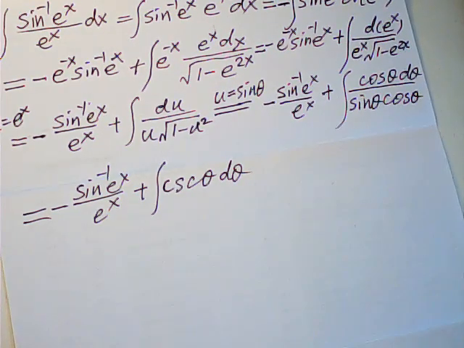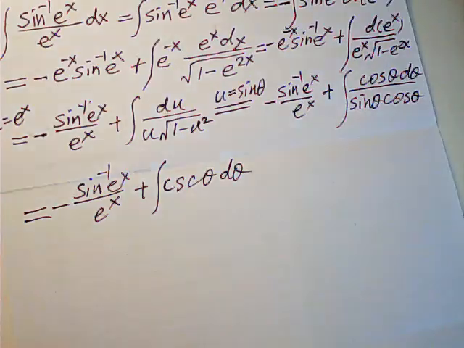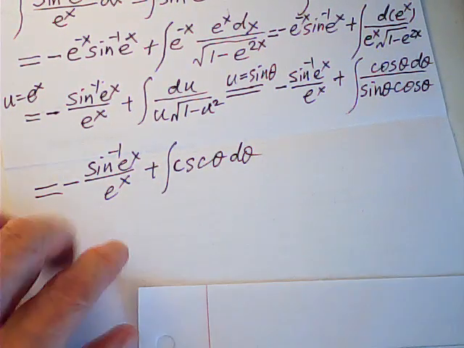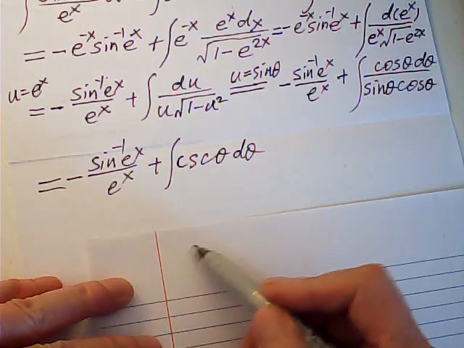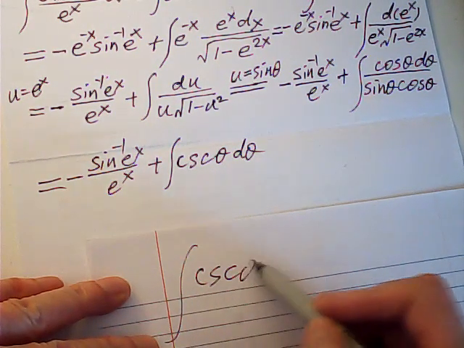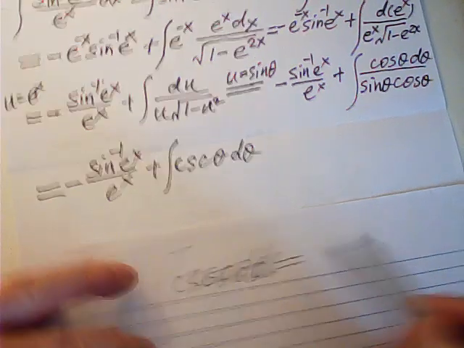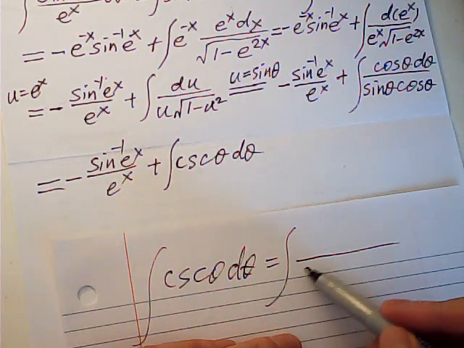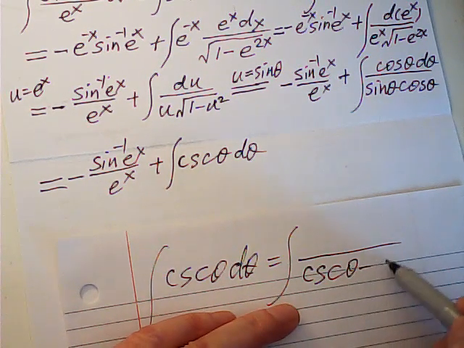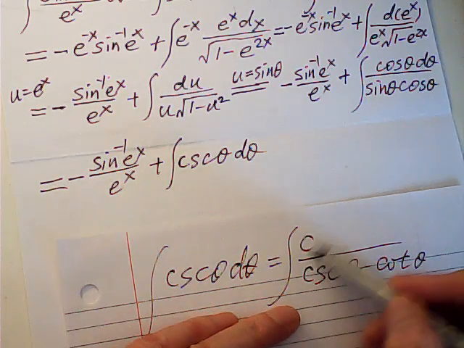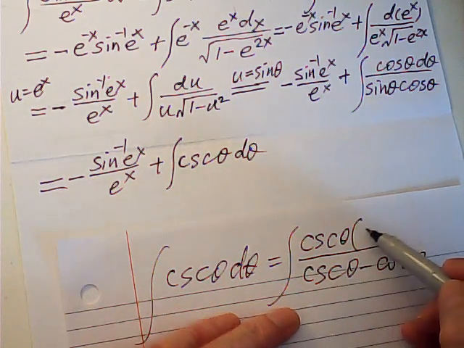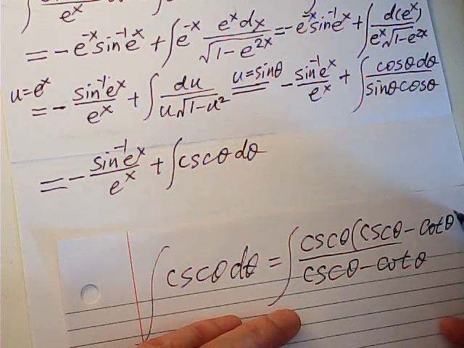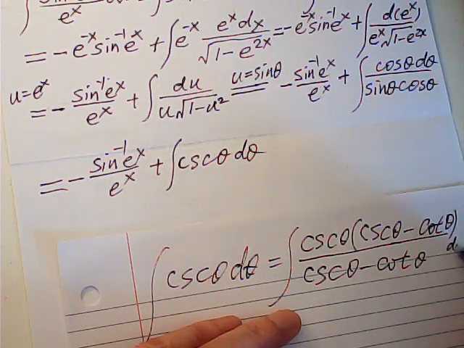Now, if you don't remember this formula, the integral of cosecant, I can use this, right? Cosecant is equal to what? Is equal to cosecant multiplied by cosecant minus cotangent, over cosecant minus cotangent, d theta.